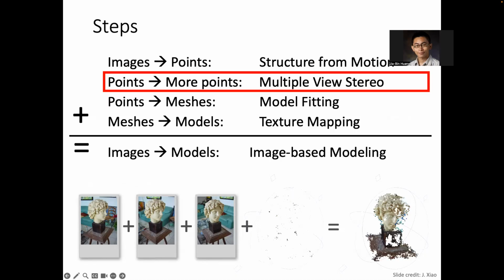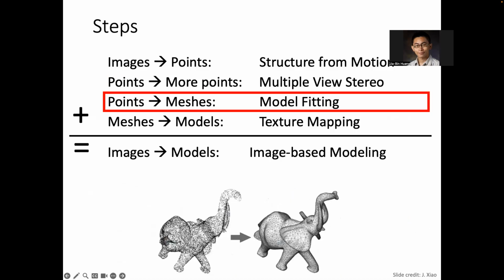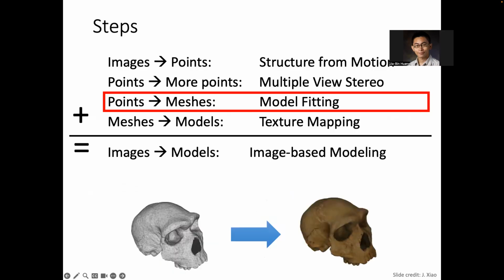Okay. And the next step is that you want to figure out the model, right? What is the 3D model of this object? From all these points, you get the meshes. So if you want to choose the mesh representation, you have all these 3D points, and you can figure out a mesh from them. And then if you want the appearance of the objects, you can do texture mapping.